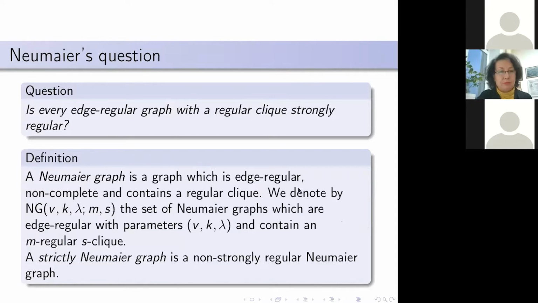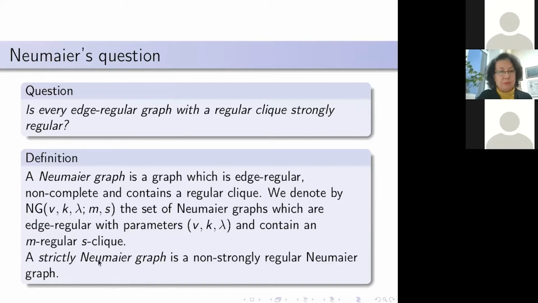So a Neumaier graph is a graph which is edge regular, non-complete, and that contains a regular clique, and we denote by NG(v, k, lambda; m, s) the set of Neumaier graphs which are edge regular with parameters v, k, lambda that contain an m regular s clique, and a strictly Neumaier graph is a non-strongly regular Neumaier graph. So Neumaier's question is, does a strictly Neumaier graph exist?